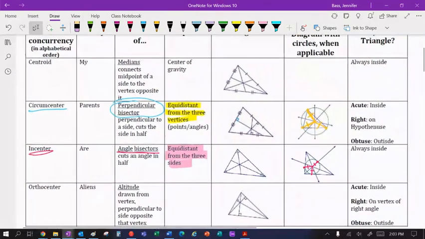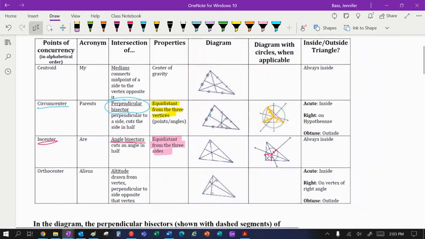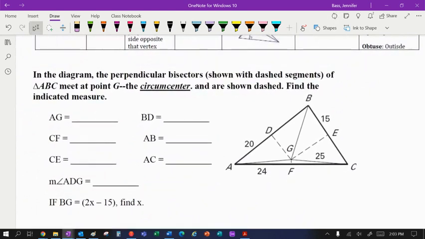So for the other two points, centroid and orthocenter, you probably won't need to do anything with them because they don't really have special properties that you can use to write equations. For this one here, they're telling us that it's perpendicular bisectors, so it's the circumcenter.